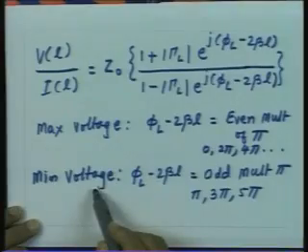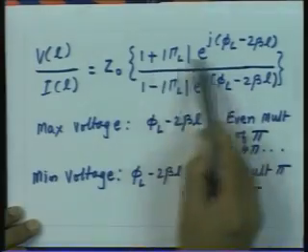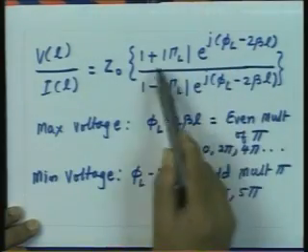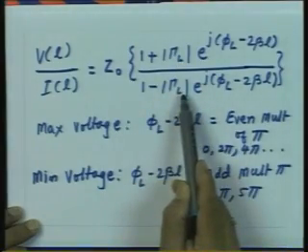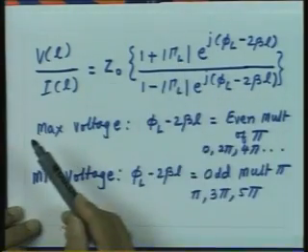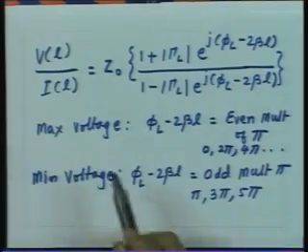Similarly, when I go to a location where the voltage is minimum, this quantity will be equal to minus 1. So, I will get 1 minus mod gamma L divided by 1 plus mod gamma L now, and again this quantity will be real. So, we make a very important conclusion now, and that is, on a transmission line, wherever there is a voltage maximum, the impedance measured is real.